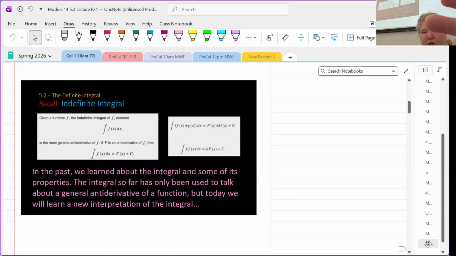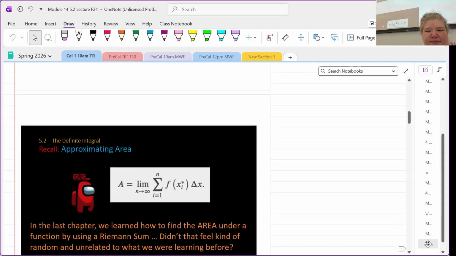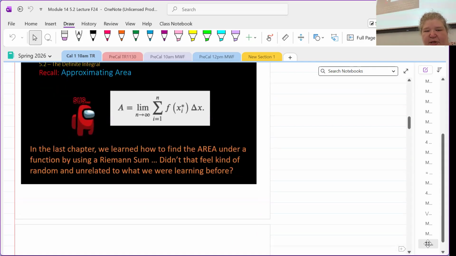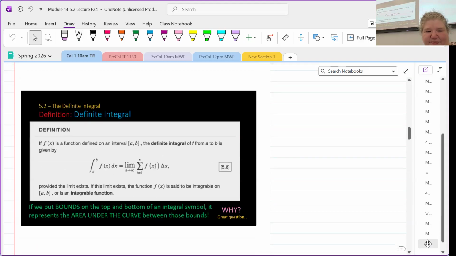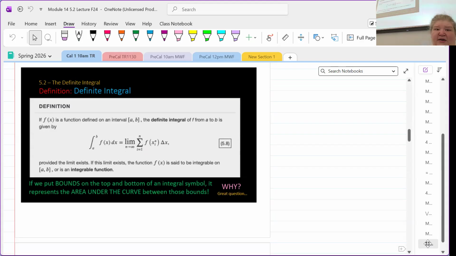So when we learned about the indefinite integral, it's the most general antiderivative of f, written as capital F of x, and then we have our arbitrary constant plus c. Then we learned about the limit as n goes to infinity of the Riemann sum. So here's how the two things equal.